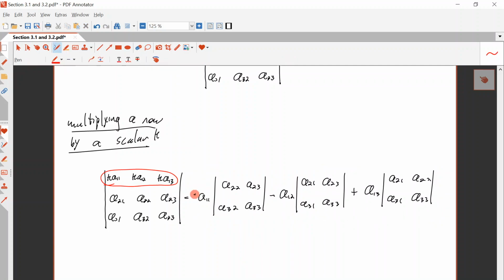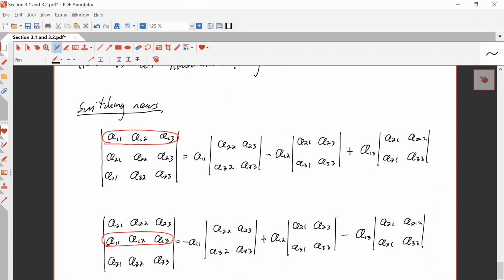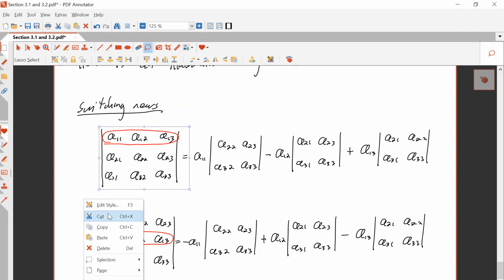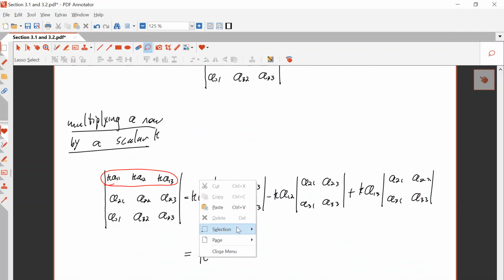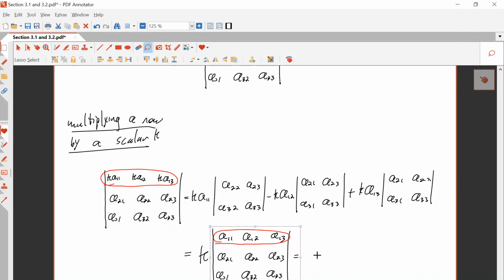There's going to be a k here, a k here, and a k here, which is equal to k, just factoring out the k, times the 3 by 3 determinant that we originally had. You just factor out the k, and that's the original 3 by 3 determinant multiplied by k.